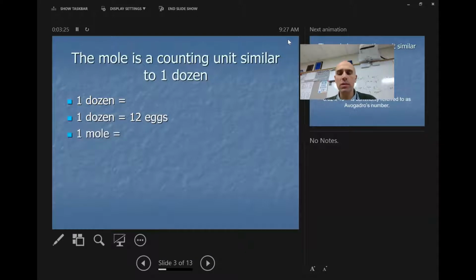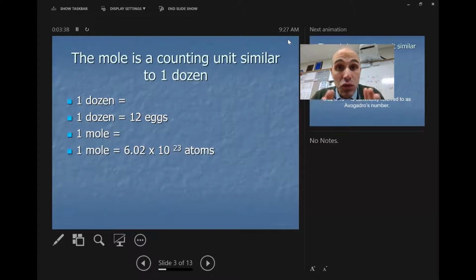When we talk about a mole, we're talking about molecules and atoms. When we talk about a mole, we say we have 6.02 times 10 to the 23rd. An extremely, I cannot stress this enough, an extremely important number.